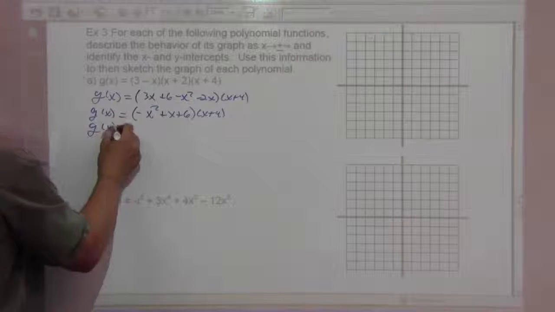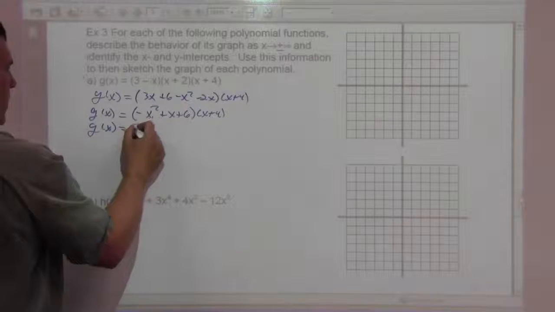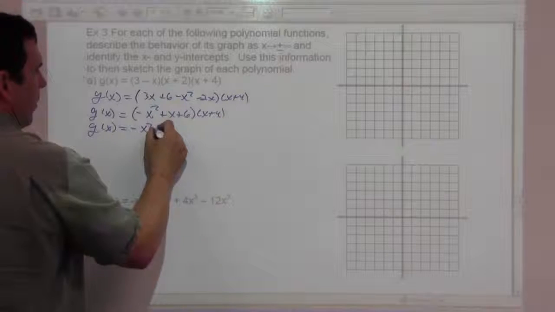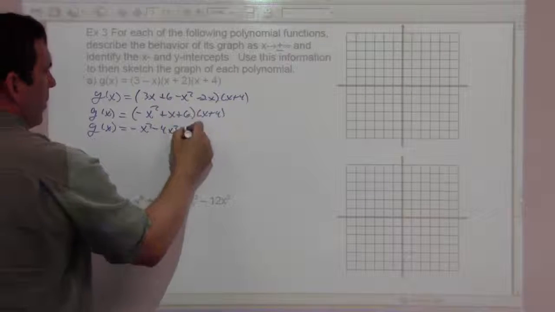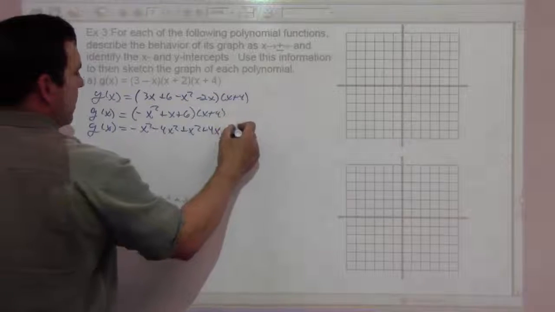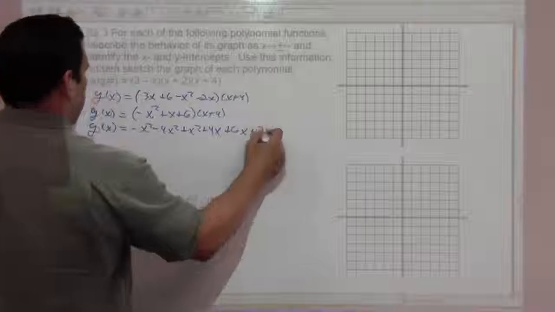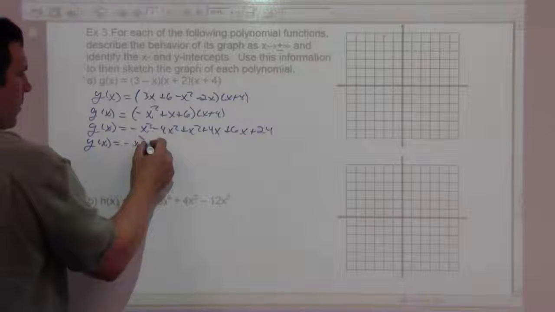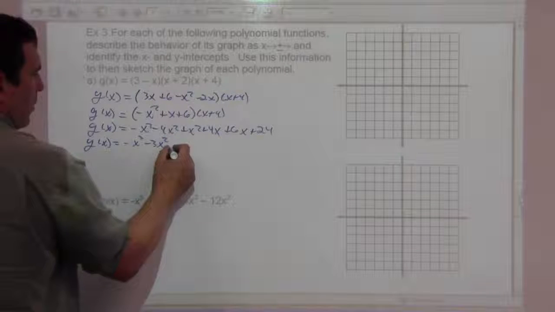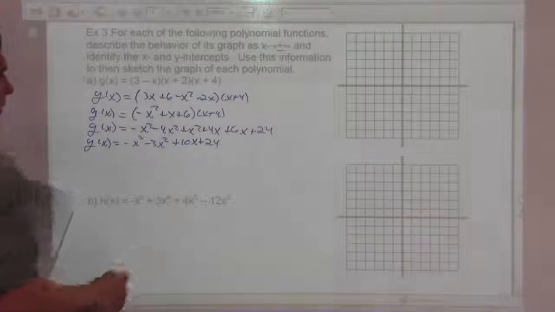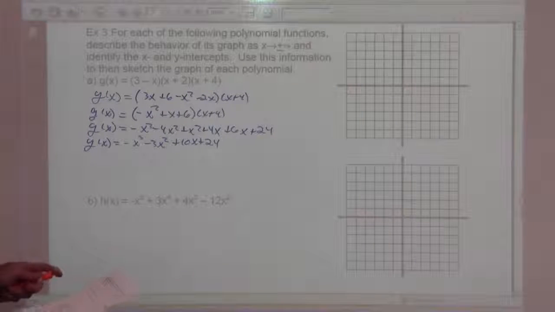So if we keep going with this, negative x cubed minus 4x squared plus x squared plus 4x plus 6x plus 24. So negative x cubed minus 3x squared plus 10x plus 24.